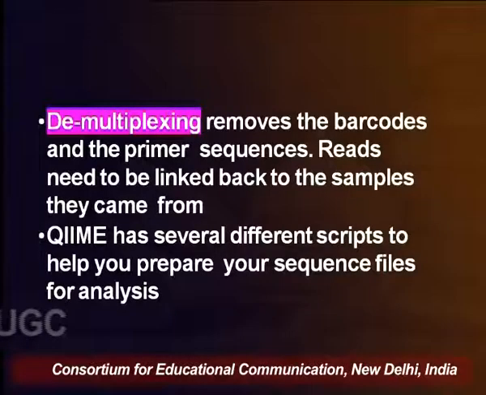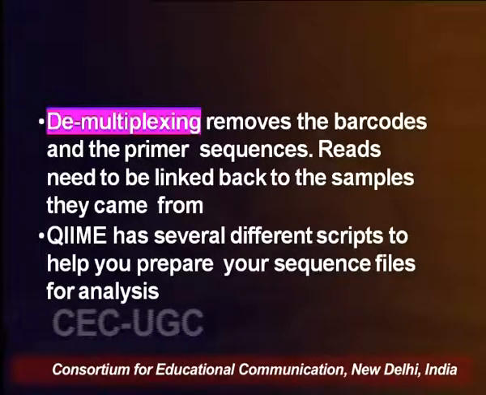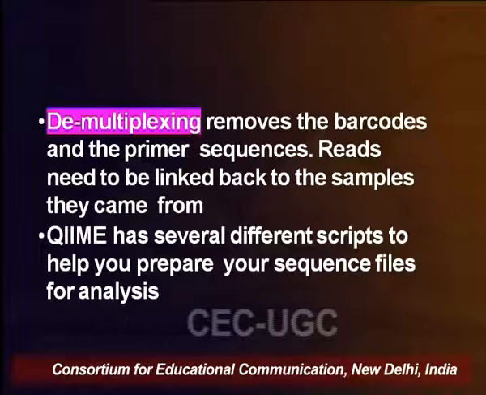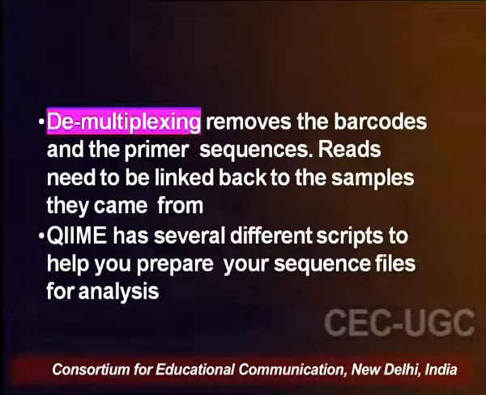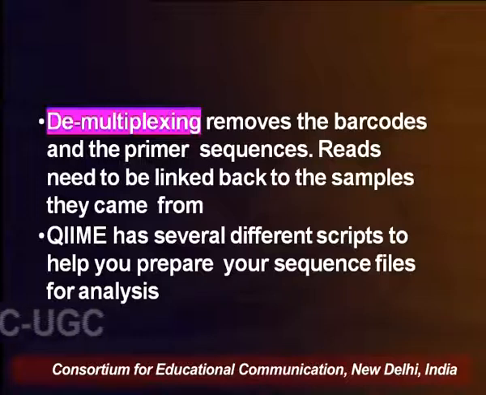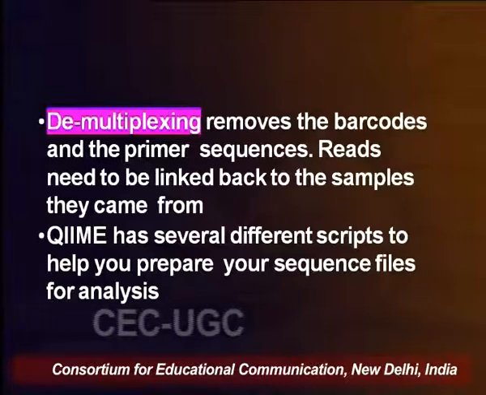Then we have demultiplexing. What we do here is that for isolation of the sequences we use primers, and for isolation and amplification we use barcodes, and we need to remove those before we go for the sequencing analysis.